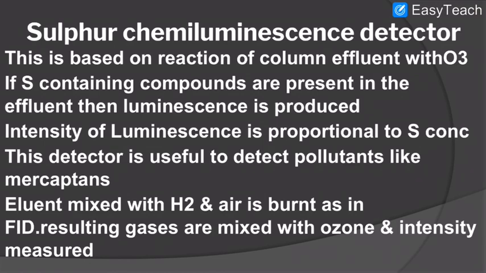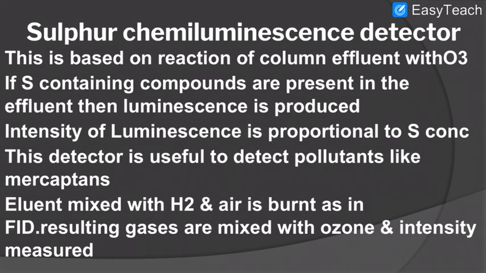This detector is useful to detect pollutants like mercaptans. If you have pollutants like mercaptans or any other sulfur pollutants, you can determine them with the help of the sulfur chemiluminescence detector. Normally the output from the column is mixed with hydrogen and air and is burnt, like how it is done in a flame ionization detector.